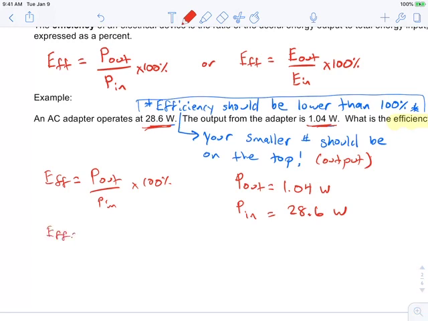So when I do this efficiency problem, P out divided by P in, I have 1.04 divided by 28.6 times 100%. Get out your calculators and do that.